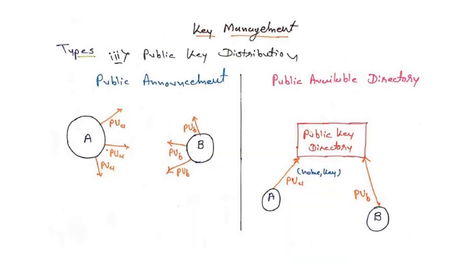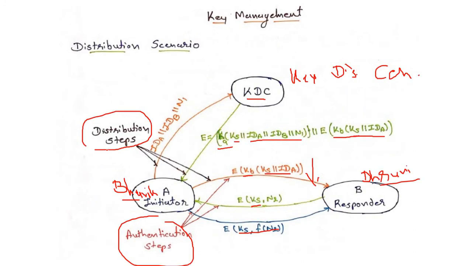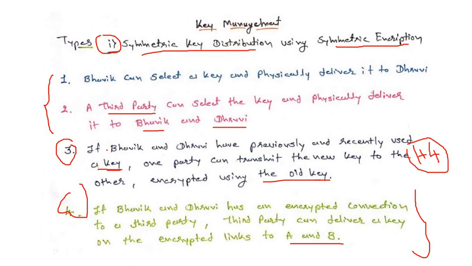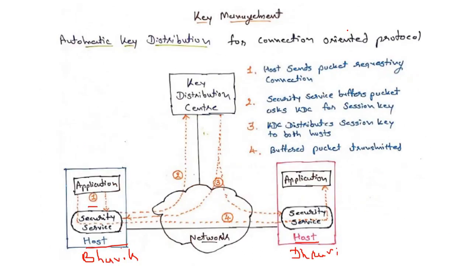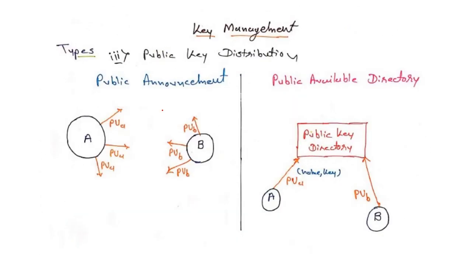Now our third case, that is public key distribution. Get it? So what happens? In our first case, we discussed symmetric key distribution using symmetric encryption, and we have also discussed asymmetric keys here. But first we are discussing public key distribution.